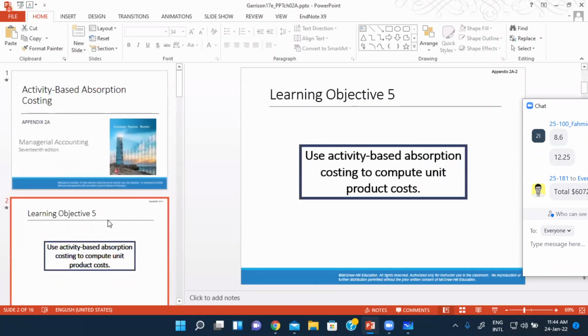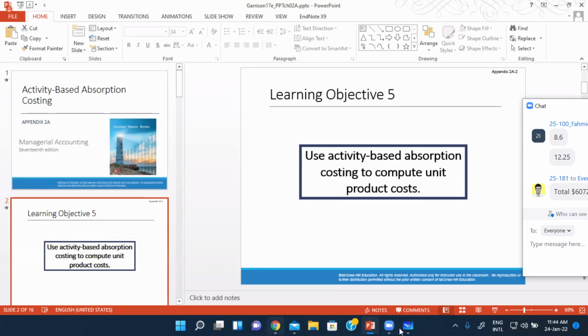We have discussed some solutions, but there is one alternative solution: instead of using the plant-wide overhead costing, or using the department-wide overhead costing, alternatively you can use activity-based costing to compute the manufacturing overhead and also the unit product cost as well.